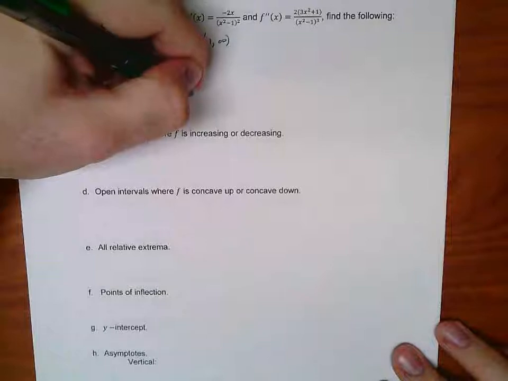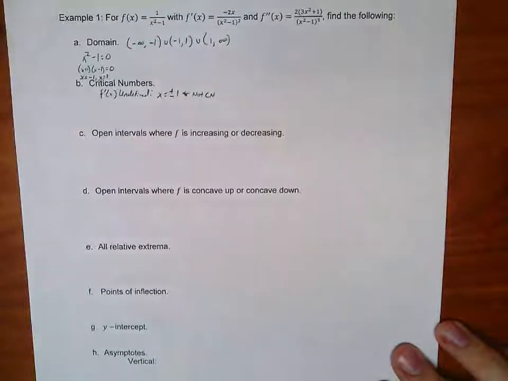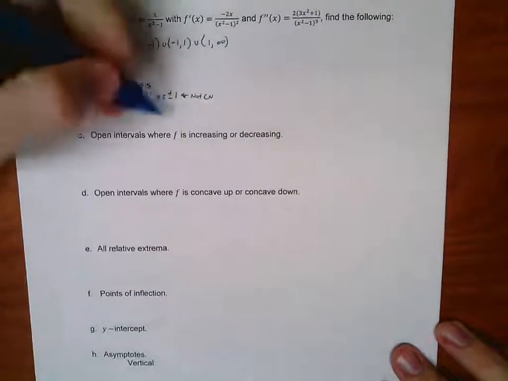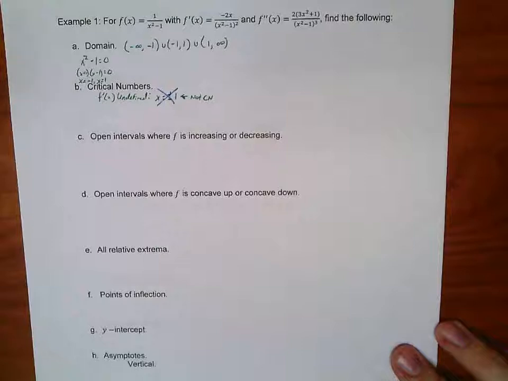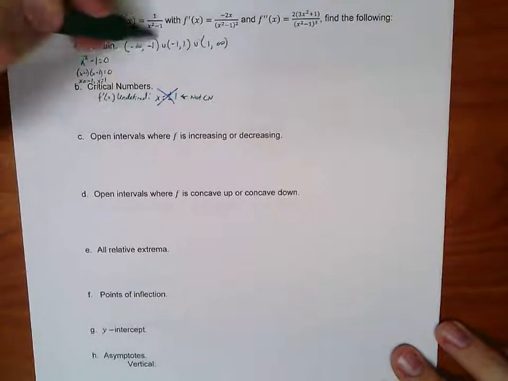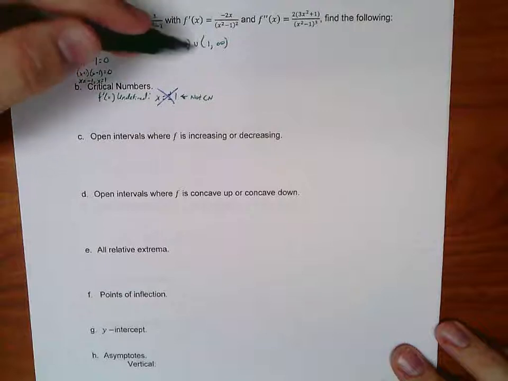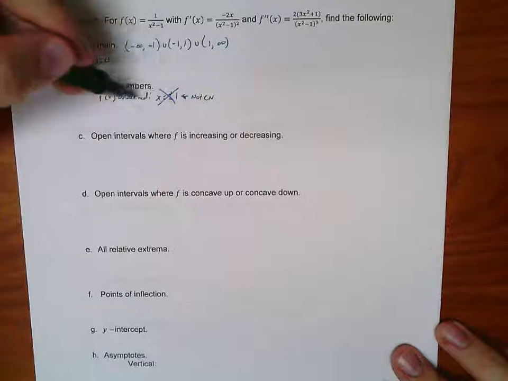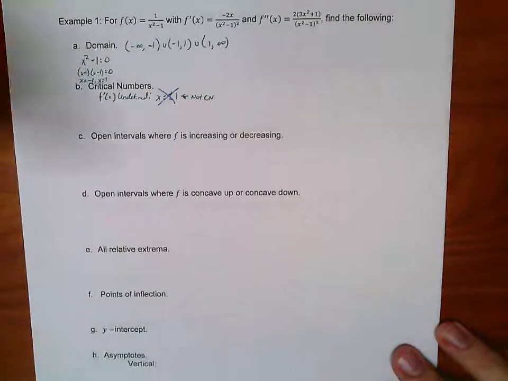But we know these are not critical numbers since they're not in our domain, right? We still have to keep them in mind because they're splitting up the negative infinity to infinity, but they're not critical numbers, which means they're not candidates for relative extrema.